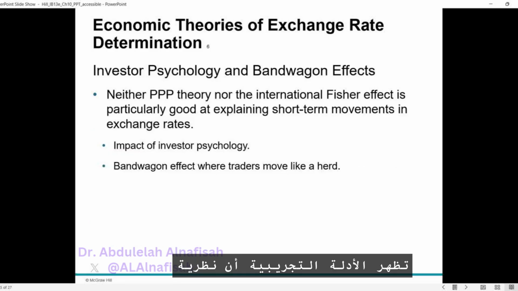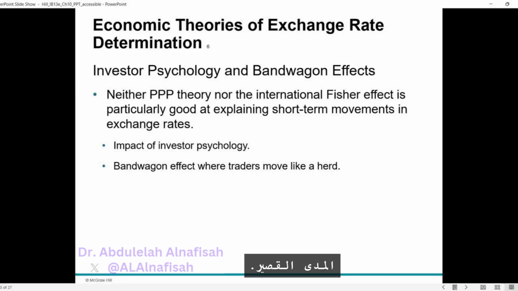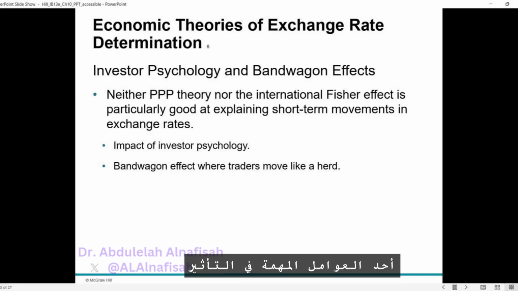Empirical evidence shows that neither PPP theory nor the International Fisher effect effectively explains short-term exchange rate movements. One significant factor influencing these short-run changes is investor psychology, where expectations of market traders can drive self-fulfilling prophecies.